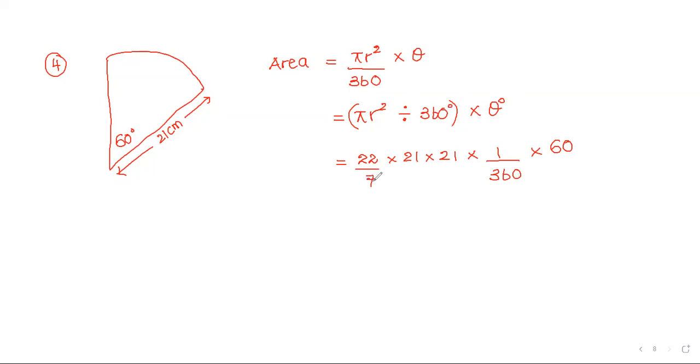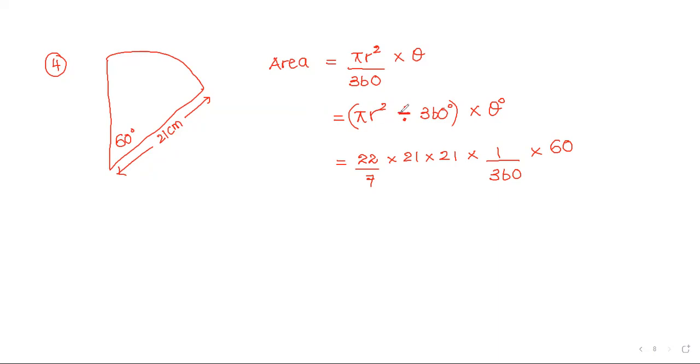Again, I explained that the formula is πr squared divided by 360 multiplied by theta. That is the original formula. You want to understand that the theta value here is 60, the r value here is 21, and the pi value was given as 22 over 7. Then what I did, children, is I just substituted the value 22 over 7 and then 21, again 21.